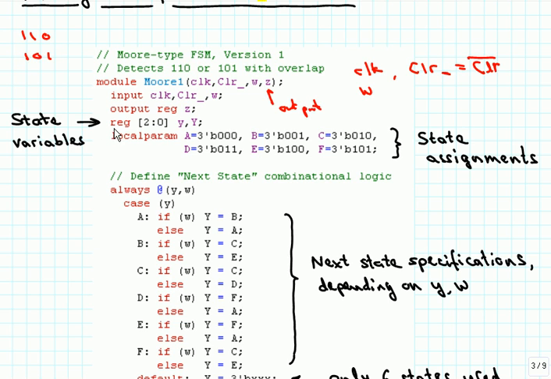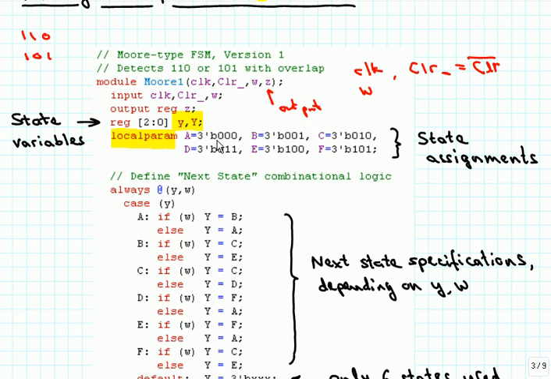Then we have the state variables here, little y and capital Y. Little y is the present state, and capital Y is the next state. We have also used here the local parameter specification so that we can specify the states A, B, C, D, E, and F and make the code more readable. And what we do here is we just simply assign a particular bit pattern to A, B, C, and so forth.